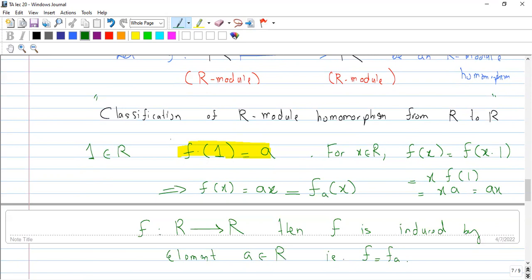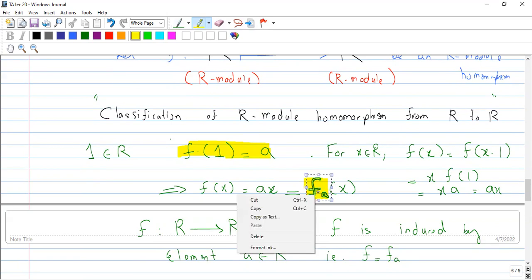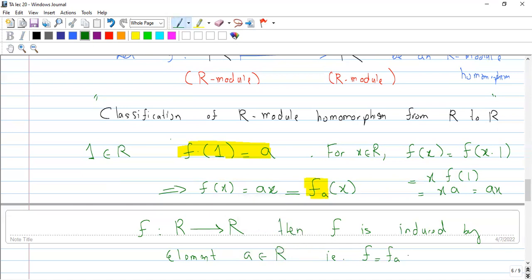In this way we can classify R-module homomorphisms: whenever we have an R-module homomorphism from R to R, it is always in the form f_a. It is always induced by some element a, such that f is equal to f_a, where f_a is defined so that when we input an element x, it gives the output ax.